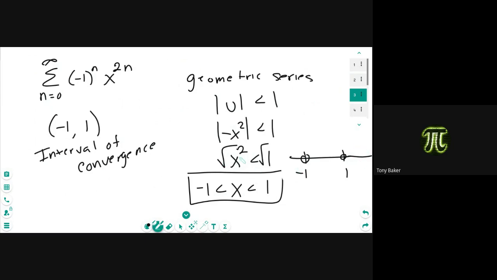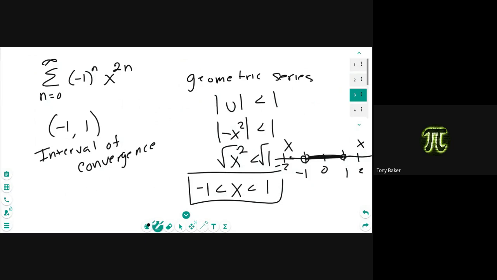If I plugged in 2, 0, and -2, plug in -2, -2 squared is 4, 4 is not less than 1. So I don't want that section. 0 is less than 1, so this section is what I want, and the same thing over there. So that's why it's between -1 and 1. Okay? All right.